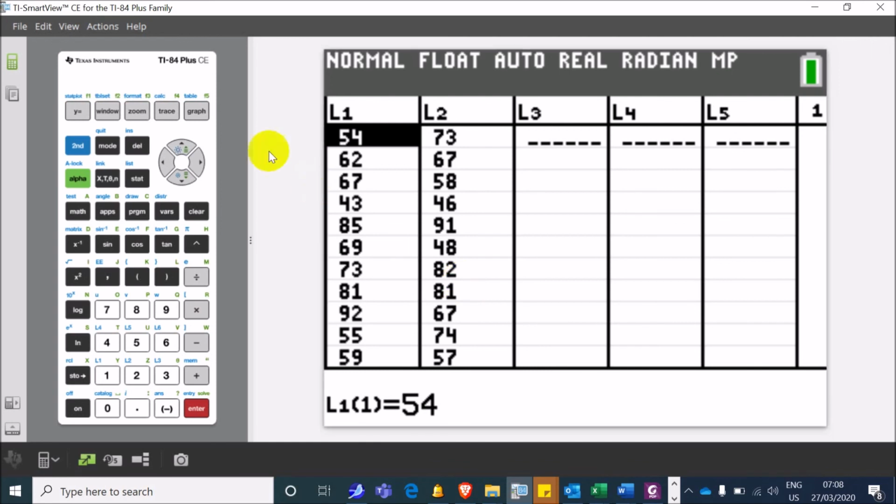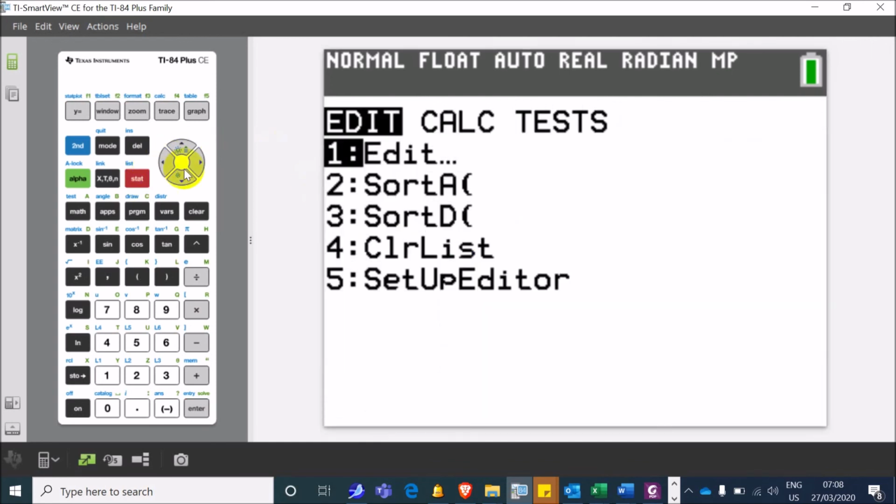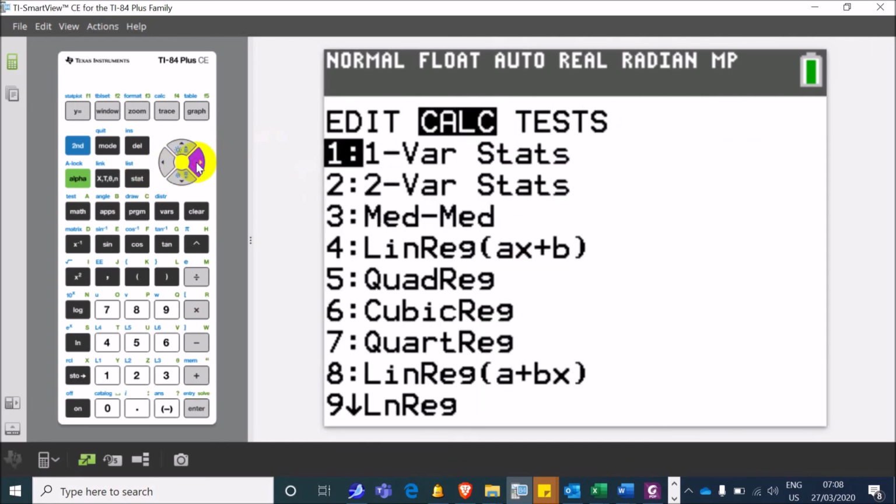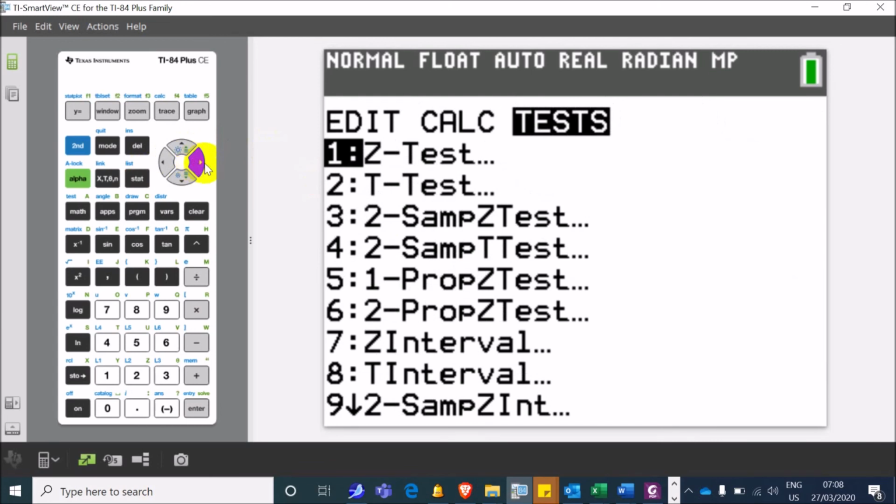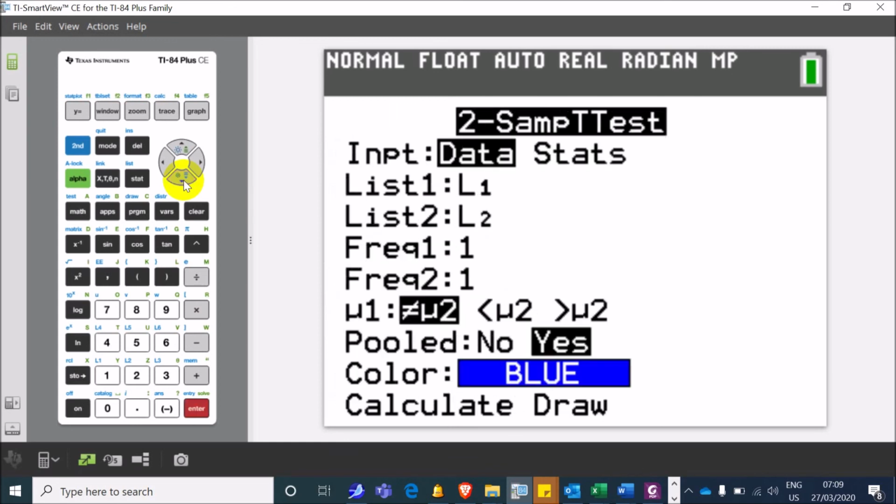And then start test on the two-sample t-test. We compare two sets of data. We are not looking at the t-test, number 2 itself, we are looking at comparing. Put your L1 and L2 here, list 1, list 2.